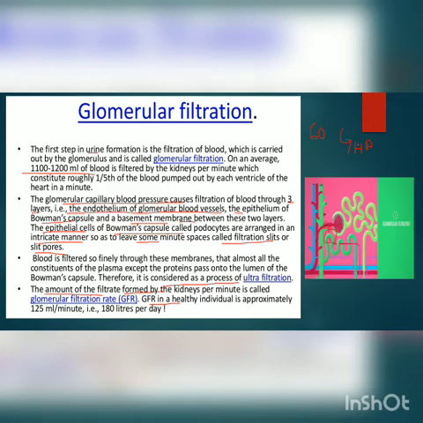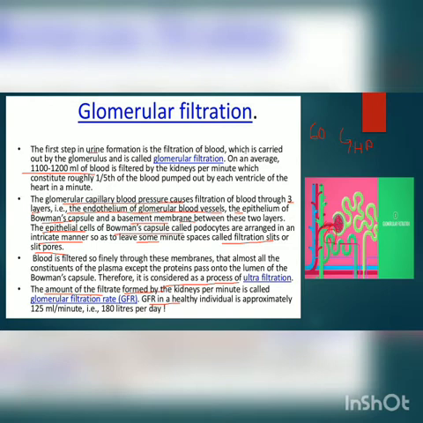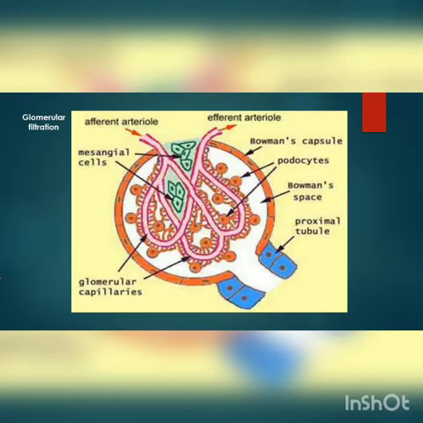In this manner, this pressure is responsible for the filtration of the blood through the glomerulus.